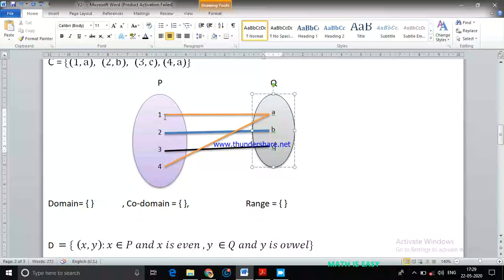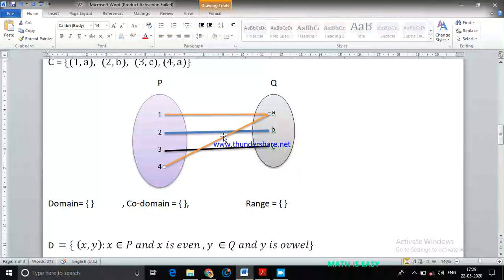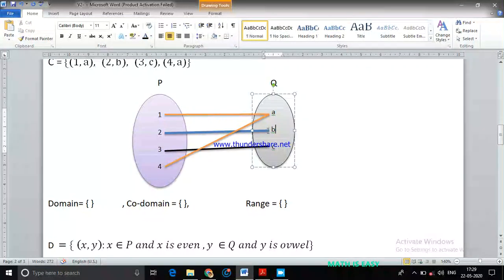Okay, now I can say A is the image of 1 and A is the image of 4, and I can say here B is the image of 2 and C is the image of 3.